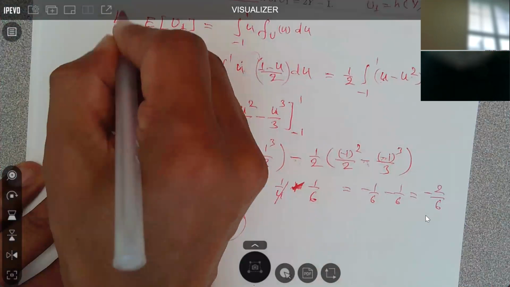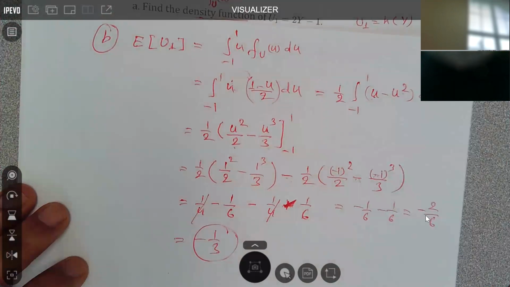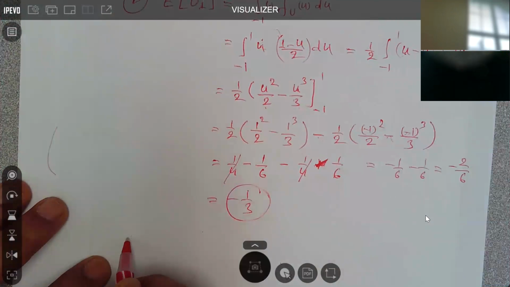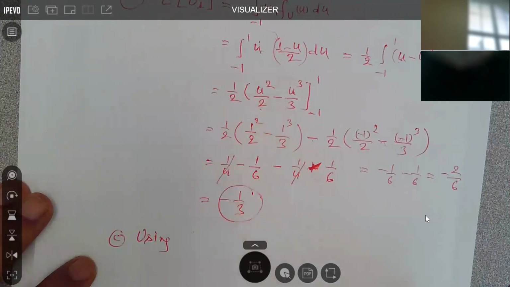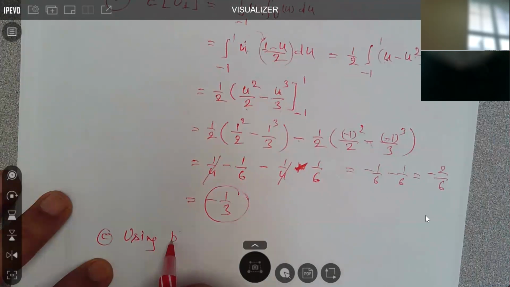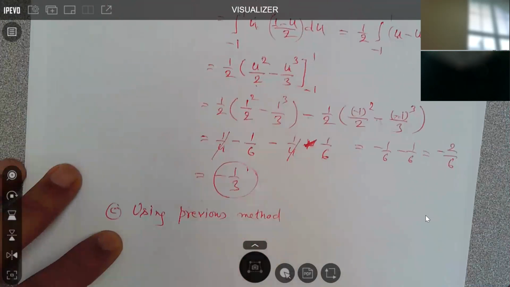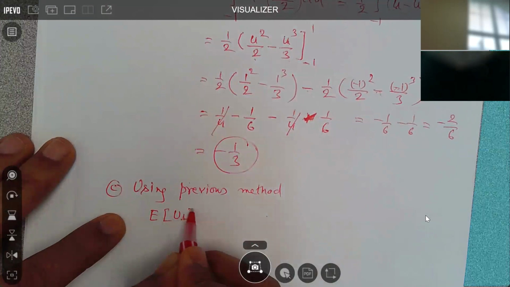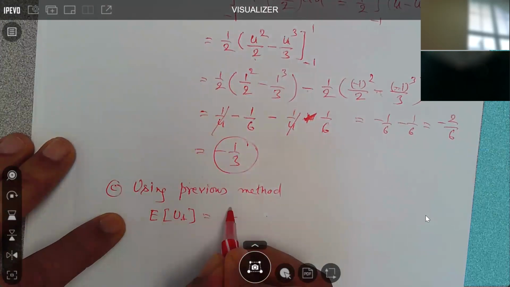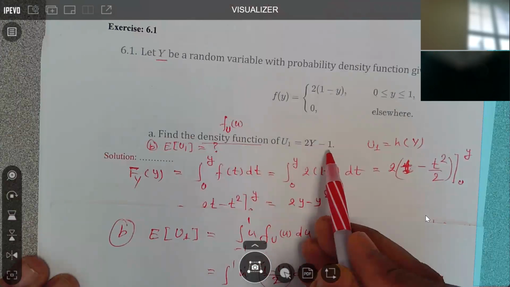Okay, so part B, this one here, right? Now, if you use the previous method, expected value of u1, so this is equal to expected value of, now u is 2y minus 1, right?